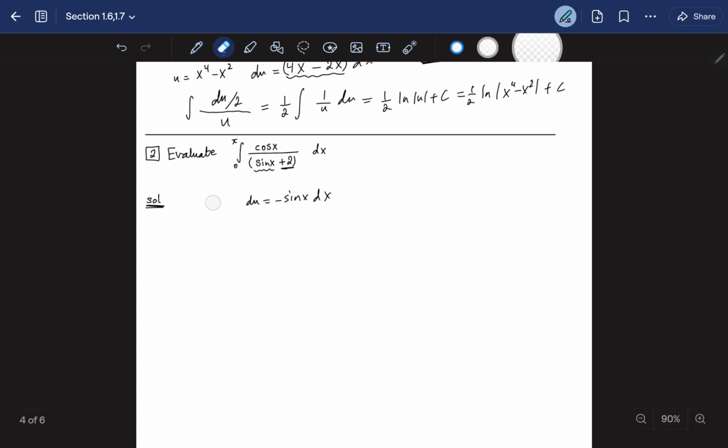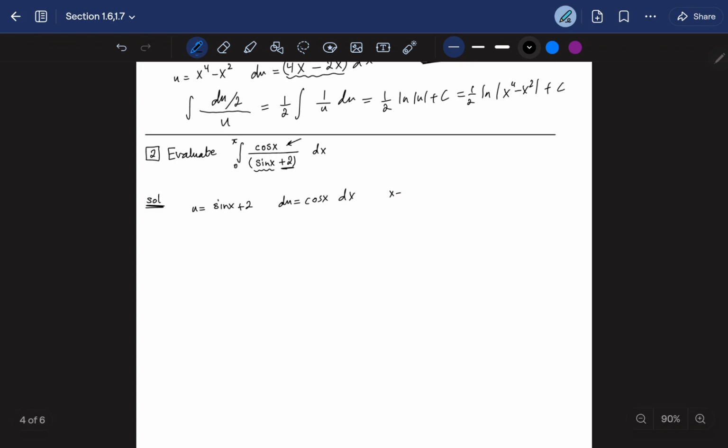So this is not going to work. So let's try to substitute the denominator. Let's find the derivative. This is just cosine of x dx, which is perfect because this is my numerator, which means my substitution is correct.